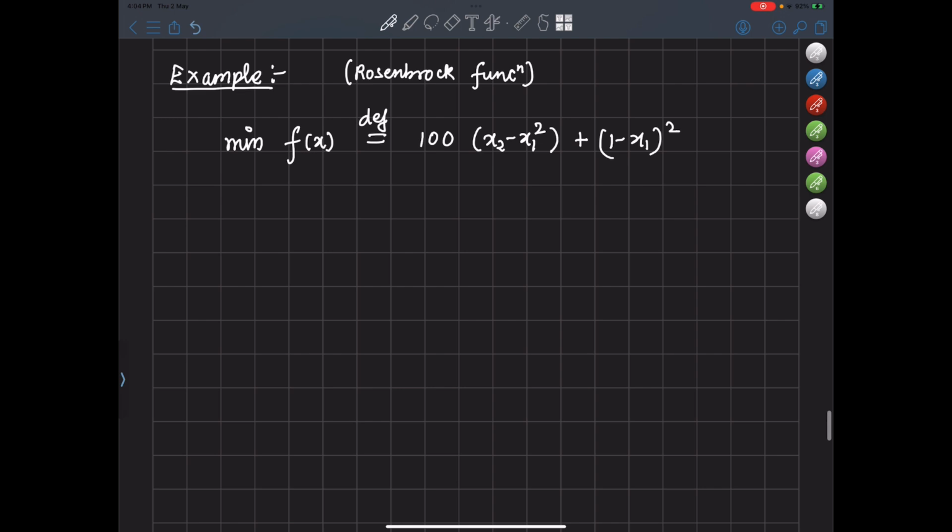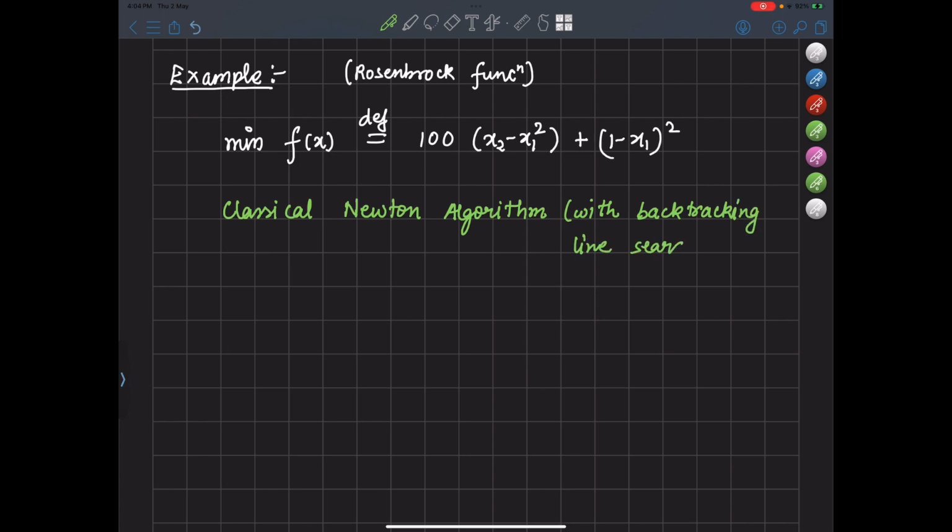So if we apply the classical Newton algorithm with backtracking line search, and we take the initial point to be (-1.2, 1) transpose, and we take the step length to be 1.